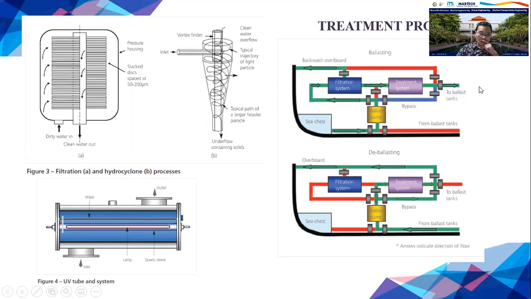When deballasting, the ballast water from the ballast tank goes to the ballast pump, then it's possible to go through here and overboard, because the ballast water is already clean. So it's only necessary to go overboard, because it was already treated by the filtration system and treatment system.